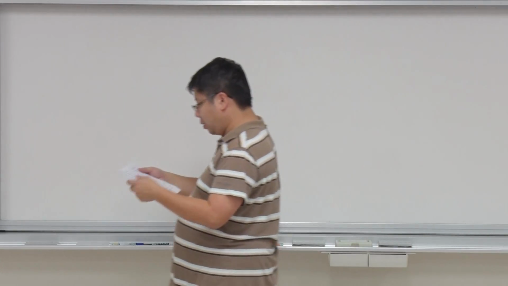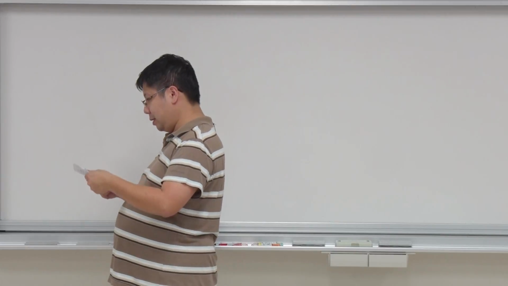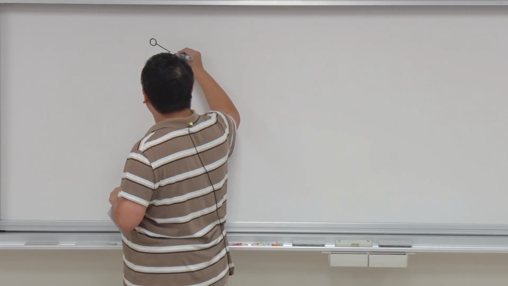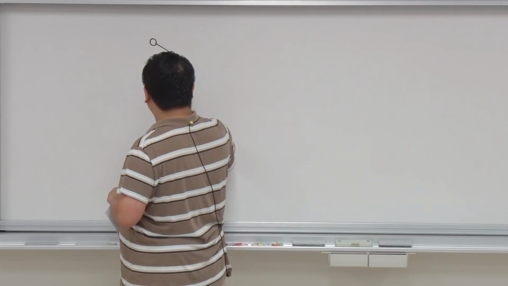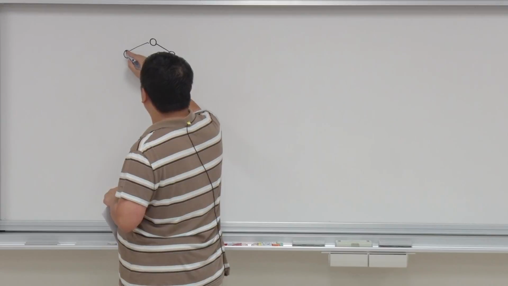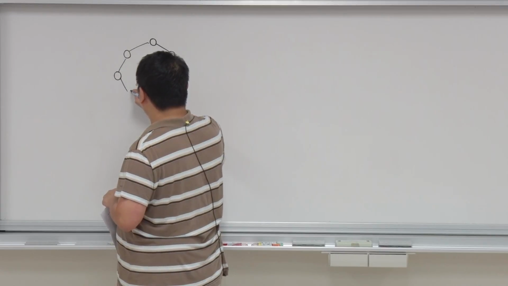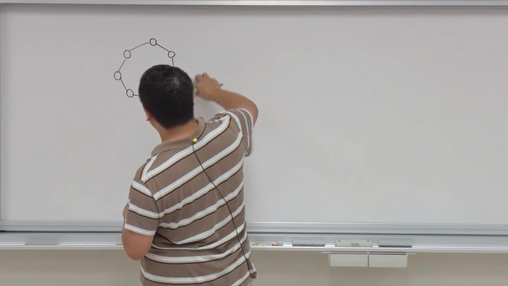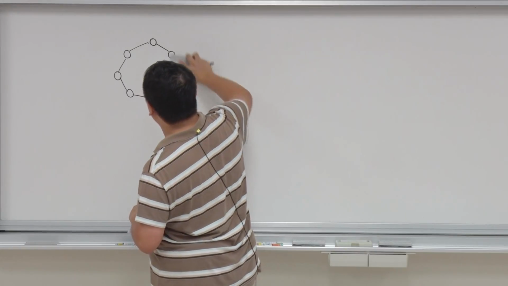Suppose that we have a p-sided polygon. 1, 2, 3, 4, 5, 6, 7. A regular polygon. It may not look regular, so let me make it more regular.